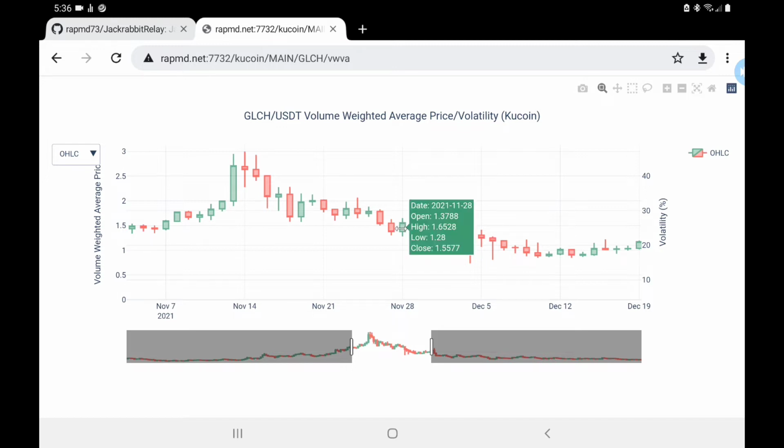And you can click on the individual bars to get price information for this period. Now, in order to get this chart, the coin must be at least 90 days old in order to produce enough information for this chart.